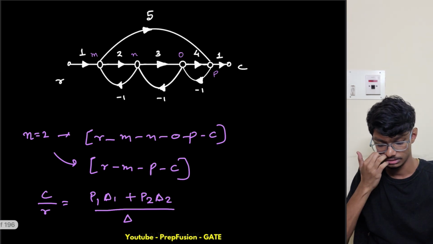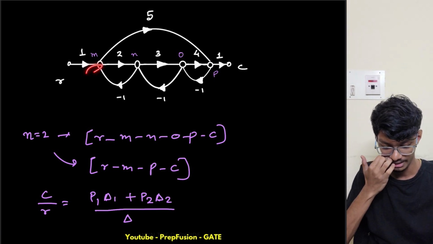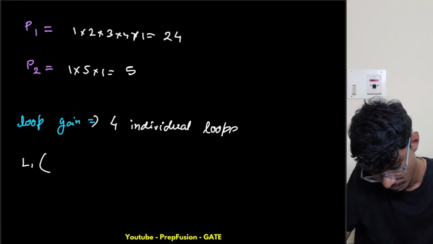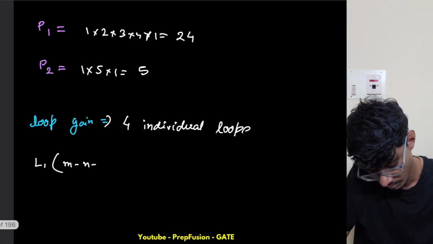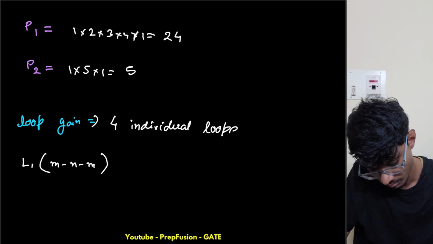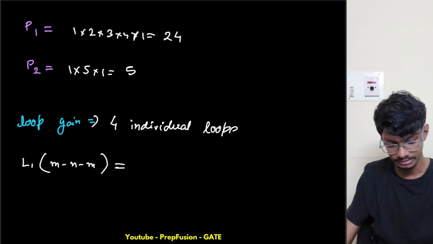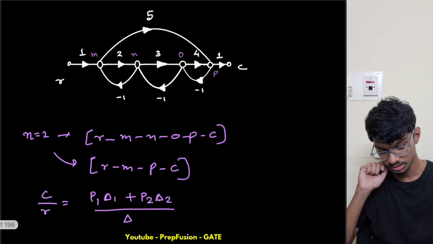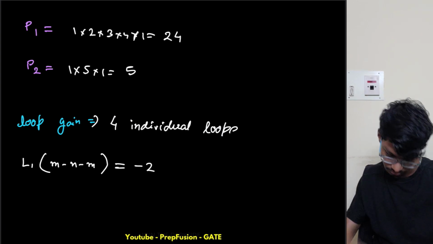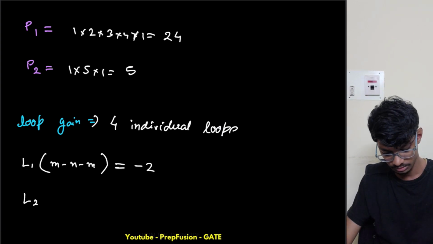So what will be the loop gains, each of them? Let me write the loops. This is M, N and M. Simply this is 2 times minus 1, so this is minus 2. Now this is L2.